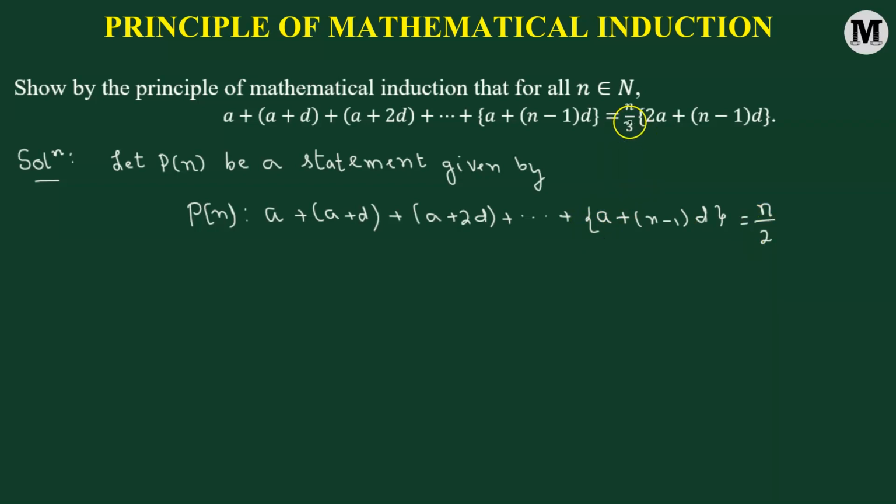It's actually not n over 3, it's n over 2 multiplied by (2 times a plus (n minus 1) times the common difference d). Fine. So this is a statement.